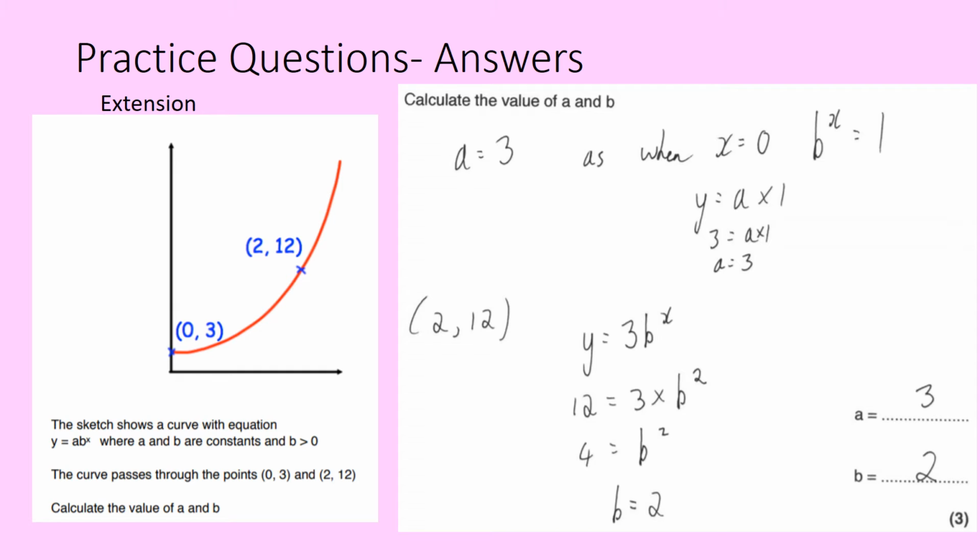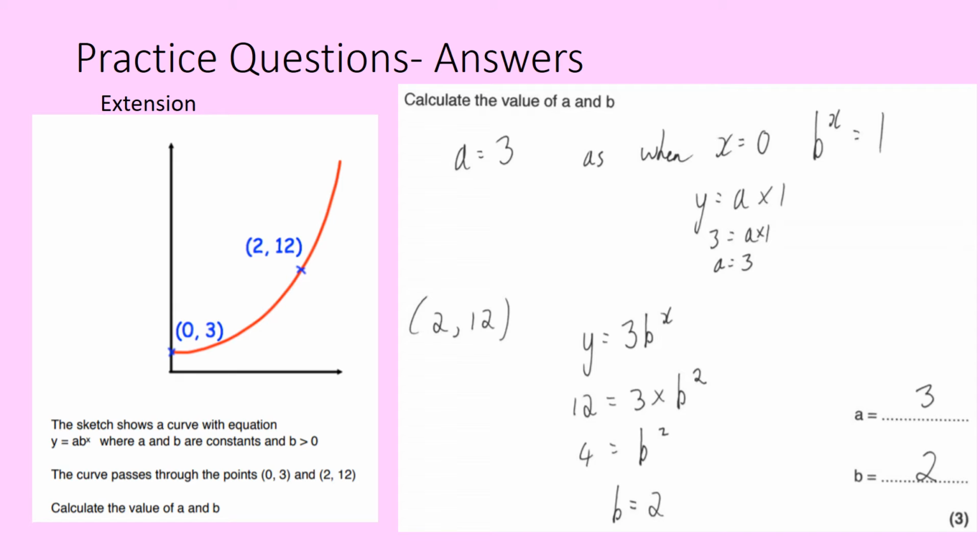So it would be y is equal to a times 1. And y, as I said before, was 3. So 3 is equal to a times 1. So a is equal to 3. So we've found that first bit out. Then I'd use my second point. So I've got the point 2, 12.